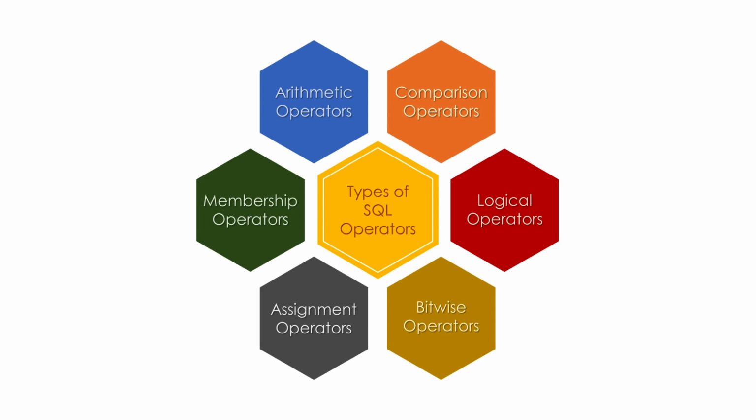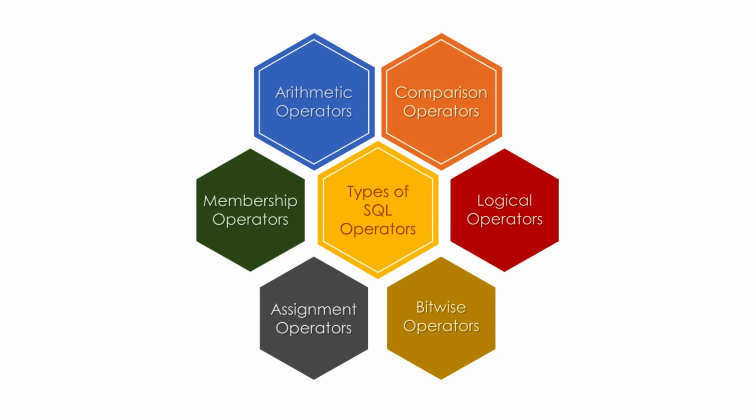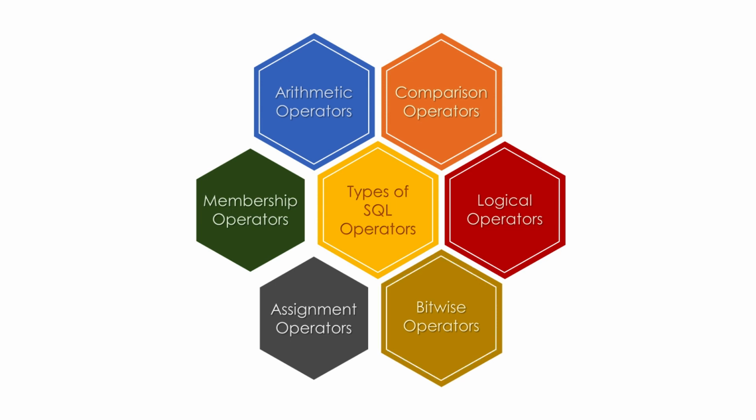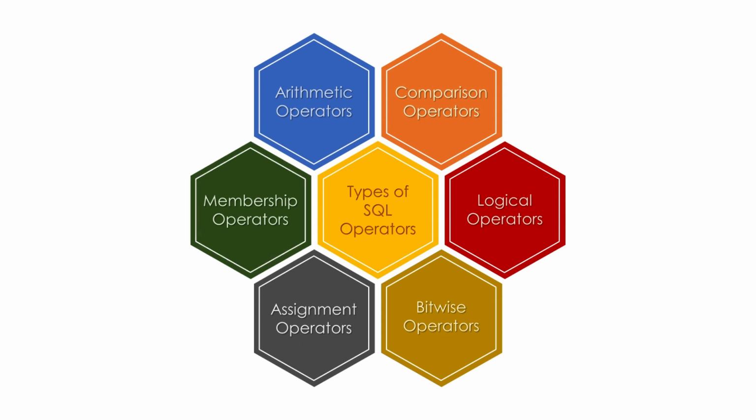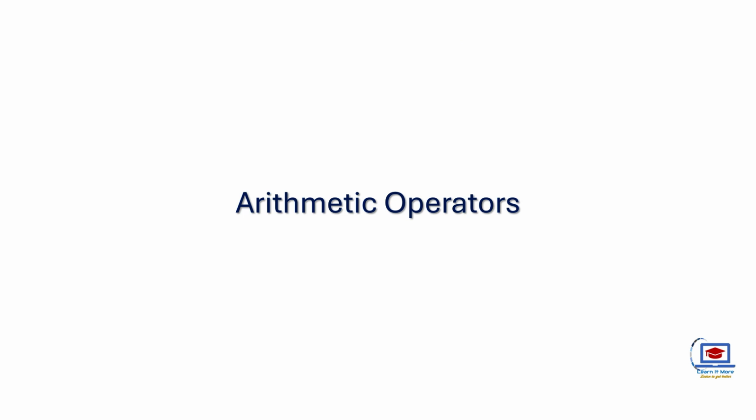They fall into several categories, each with its unique purpose, such as arithmetic operators, comparison operators, logical operators, bitwise operators, assignment operators, membership operators, etc. First, let's start with arithmetic operators.